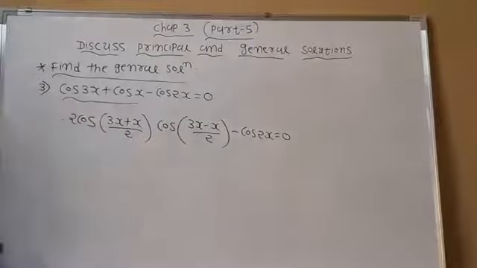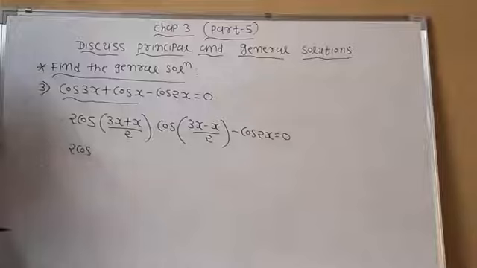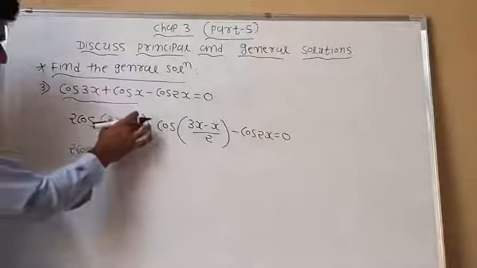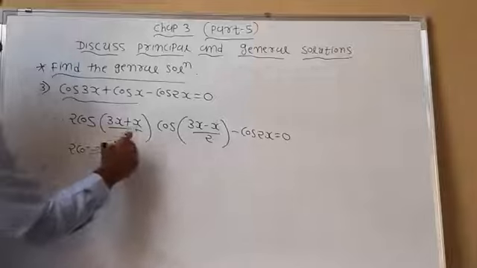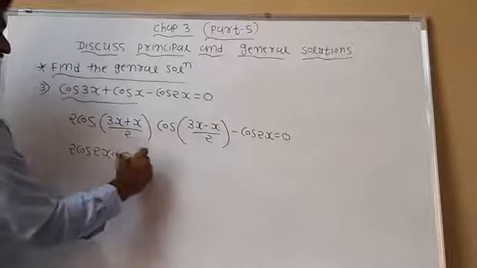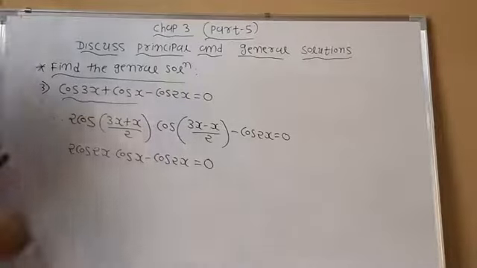Now simplify both these terms. So therefore 2 times cos of 3x plus x, that means 4x divided by 2, means cos 2x into cos x, minus cos 2x is equal to 0.